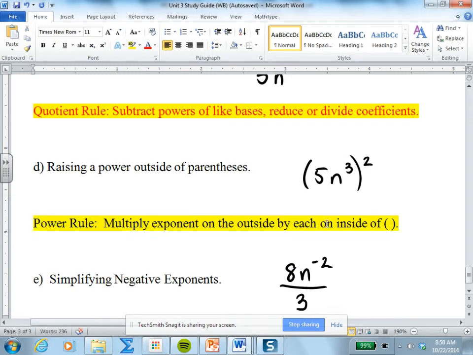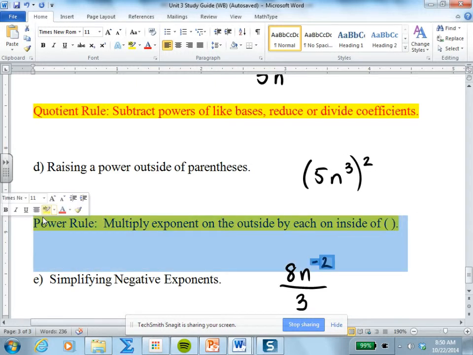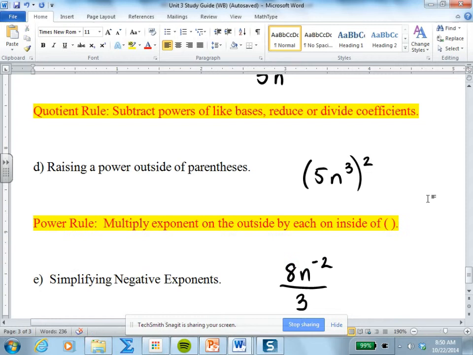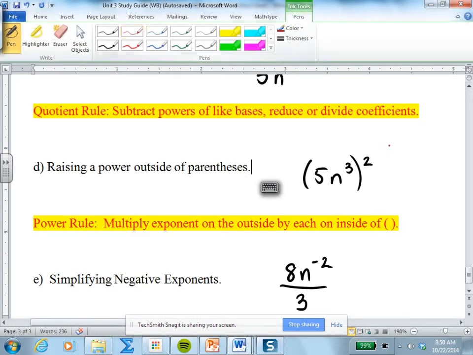And if a number or a factor or a variable does not have an exponent, what is really its exponent? 1. It is an exponent of 1. So this is indeed 5 to the second times n to the sixth.